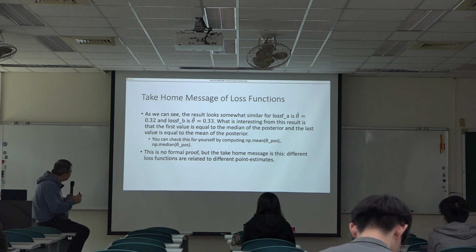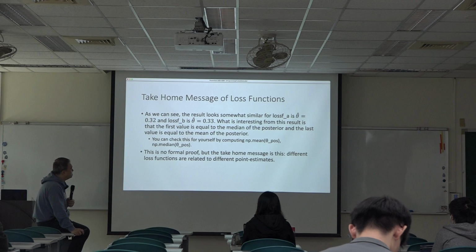So they are slightly different, and interestingly, you will see that the first value is the median of the posterior, and the second value is the mean of the posterior.